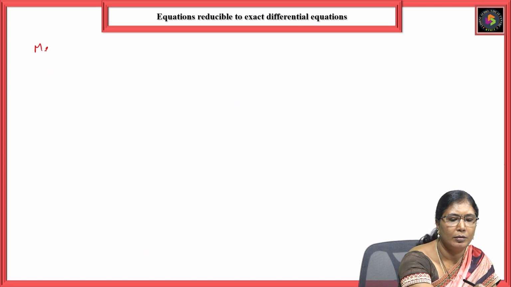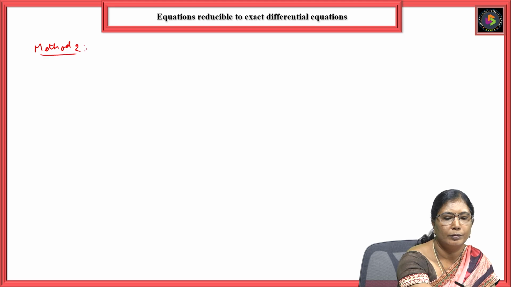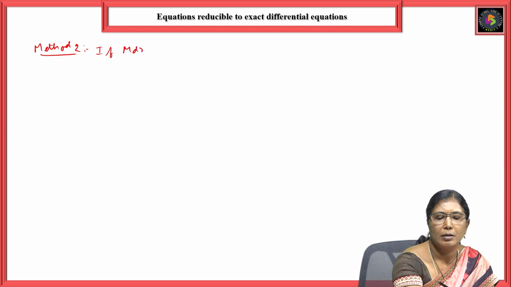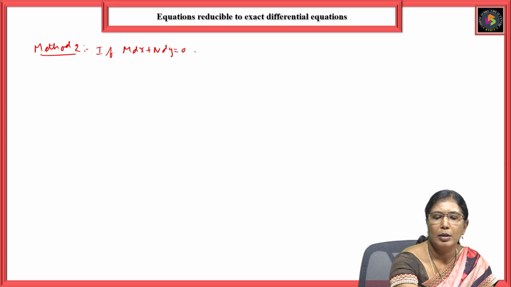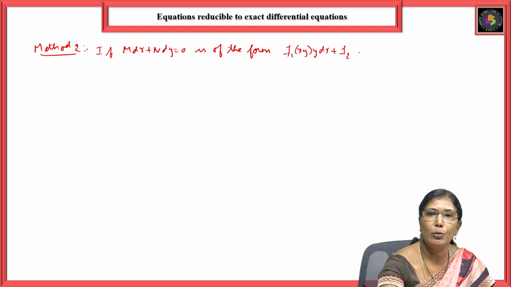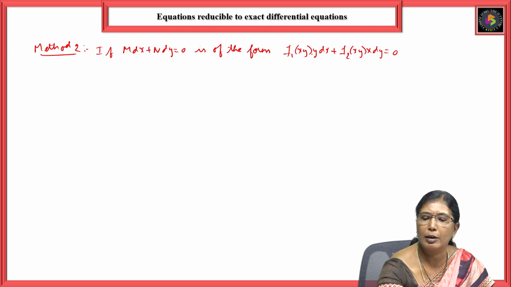Method 2. If M dx plus N dy is equal to 0 is of the form f1(xy) y dx plus f2(xy) x dy is equal to 0, that is, one function of x into y together times y dx, plus one more function of x into y times x dy is equal to 0.